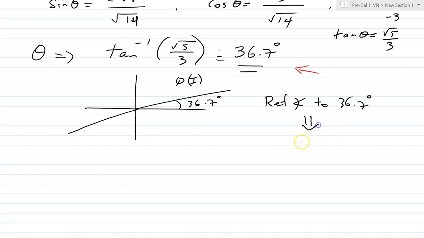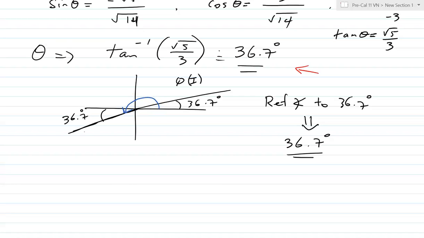Well, the reference angle is itself, 36.7 degrees, because it's an acute angle and it's between the x-axis and a terminal arm. Great. You draw the same angle, that is the reference angle, on the terminal arm, but in the third quadrant. So here it is. I drew a terminal arm right here, and it doesn't have to be exact again, right? That is 36.7 degrees.